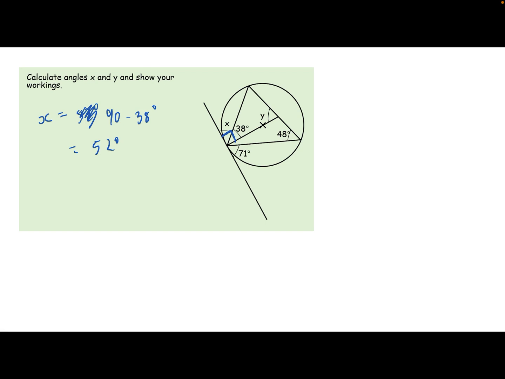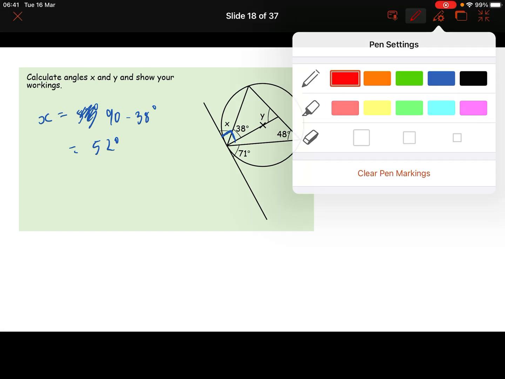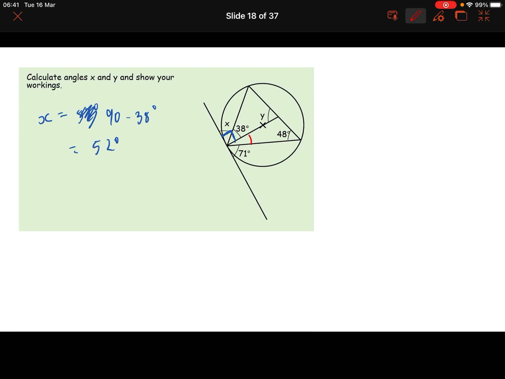Well, there might be a few ways of doing this, but let's just change colour to red. One way of doing it is, let's find out what this angle is. Well, that angle must be 19 degrees, because again, this must be a right angle, okay? Which means this entire angle is 38 plus 19, which is 57 degrees.